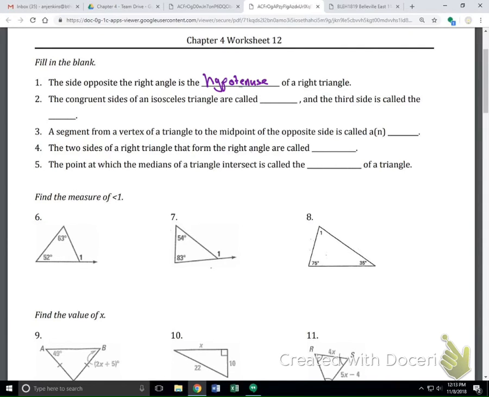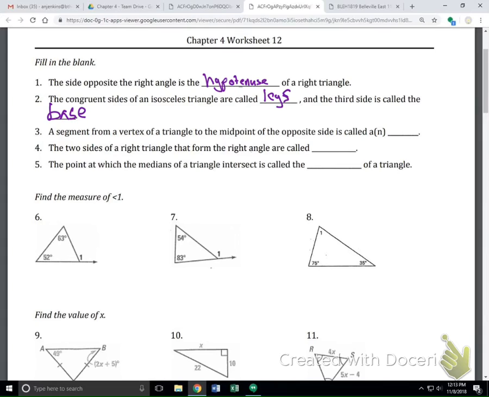We're going back to this. The congruent sides of an isosceles triangle are called the legs. And the side that's not congruent to those two is called the base. Okay.